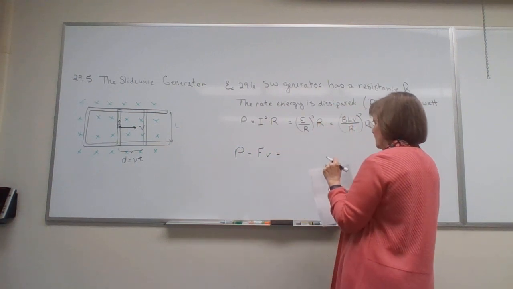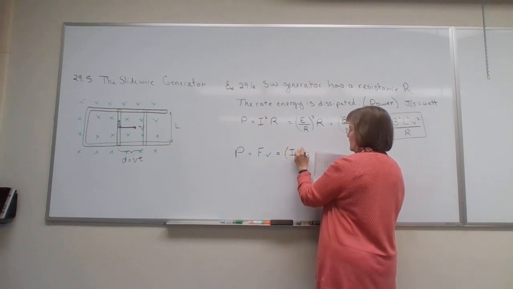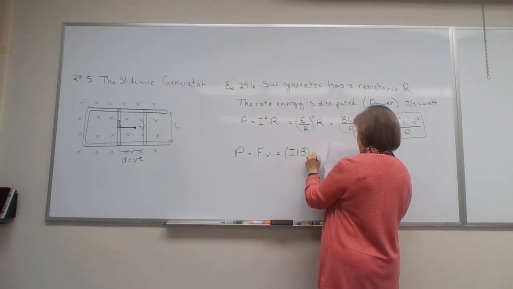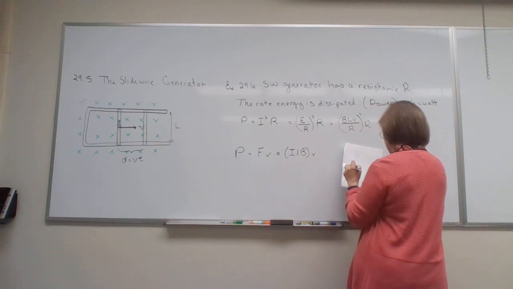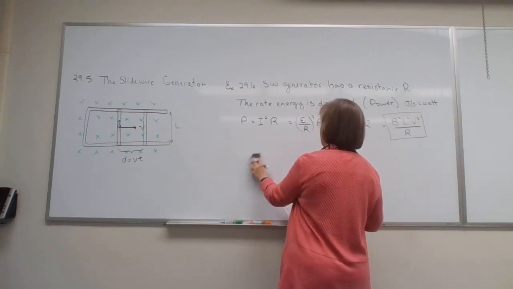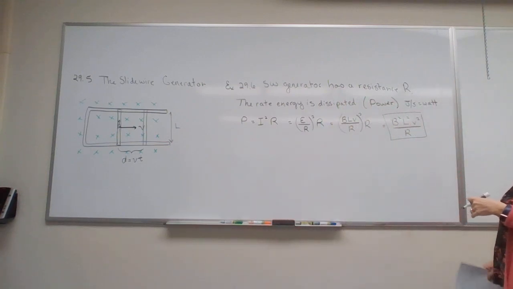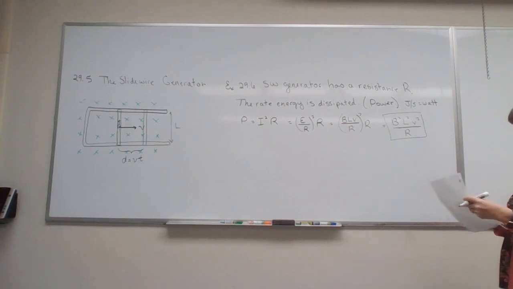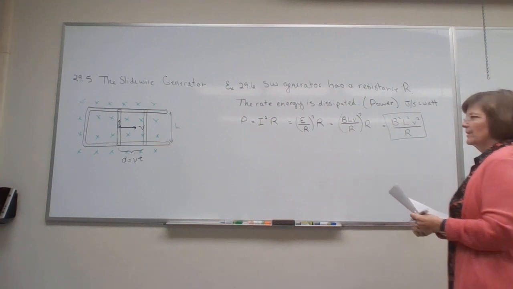In this case, the force would be the magnetic force. That would be ILB times V. I have no idea. My notes don't make any sense. I'm going to stop right here because I just work it another way to get the same answer. So it's not really very interesting. So it's creating more confusion. Okay. That's our two generator problems.